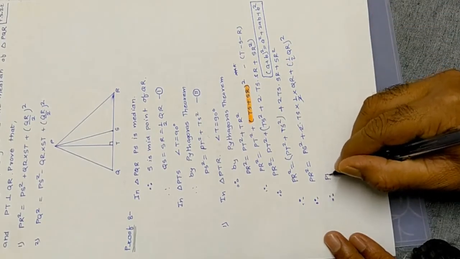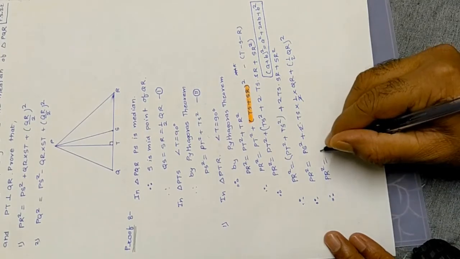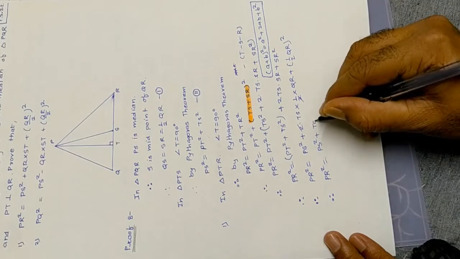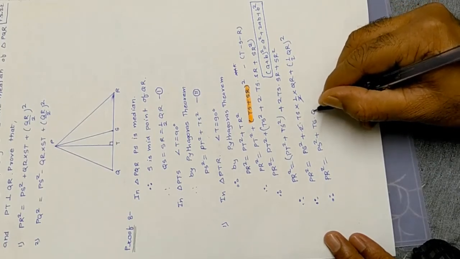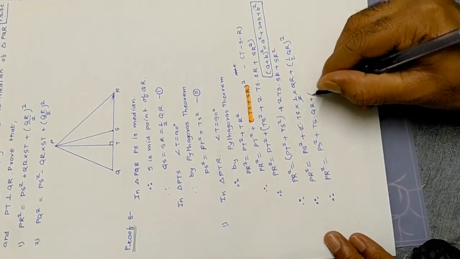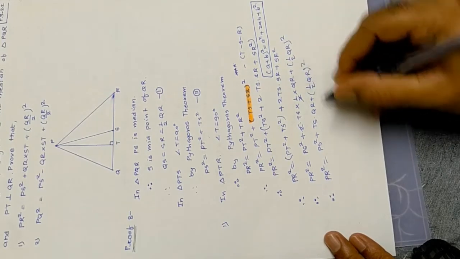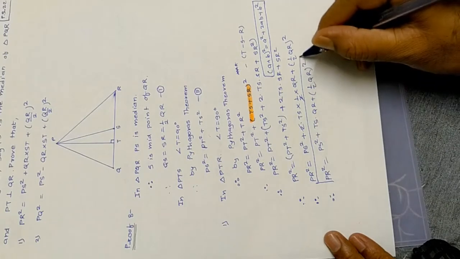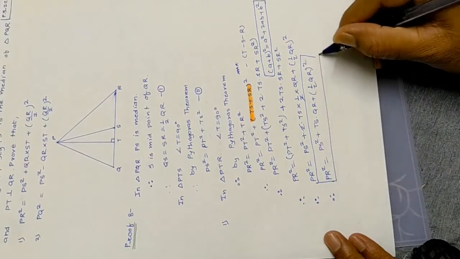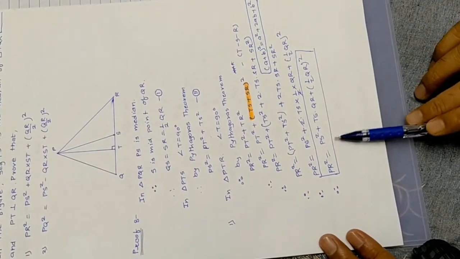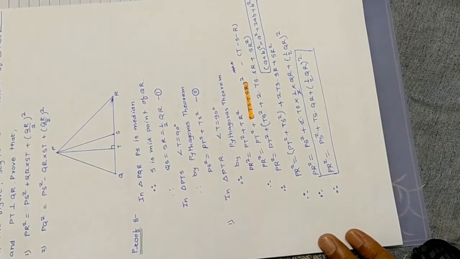Therefore PR square is equal to PS square plus TS into QR plus half of QR whole square as it is. Check whether it is proof or not. So like this you have to prove the first part.